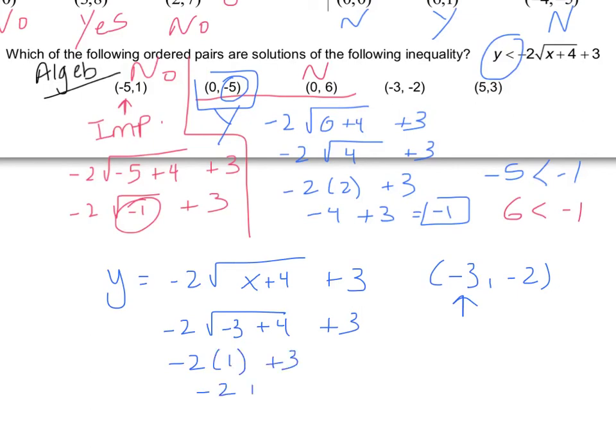Now negative 2 plus 3 is a 1, so I just got a 1. Now again, they're saying y is smaller than all of this, so 1, because you found 1. So is the y less than 1? Yes. So negative 3, negative 2 is part of the solution.